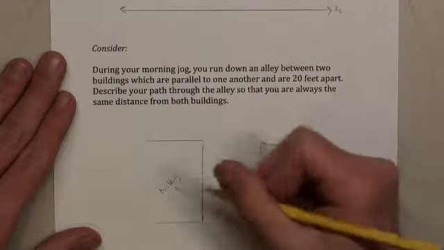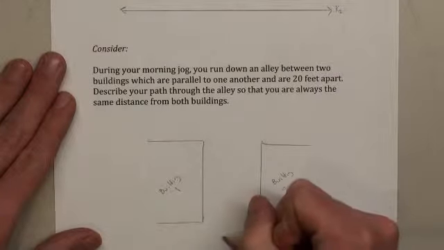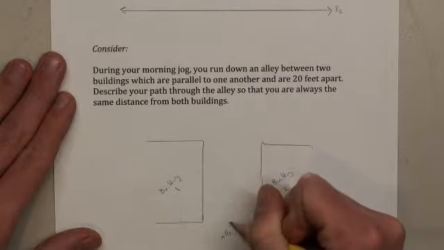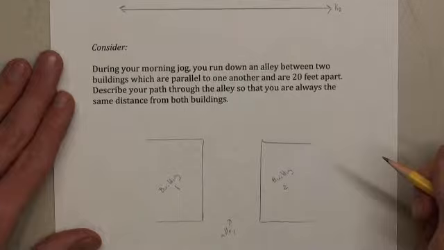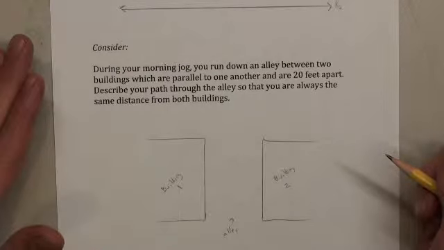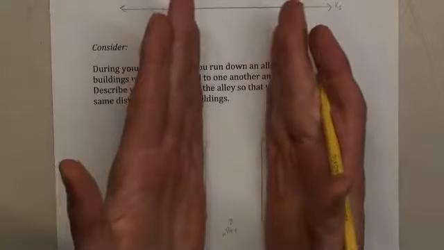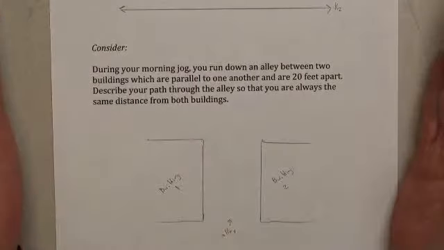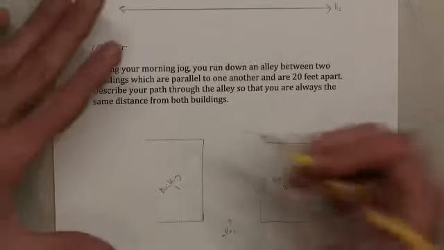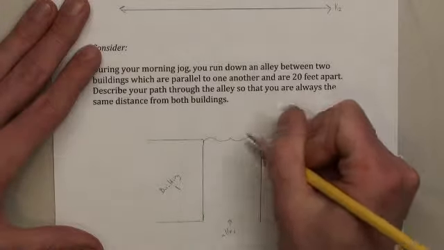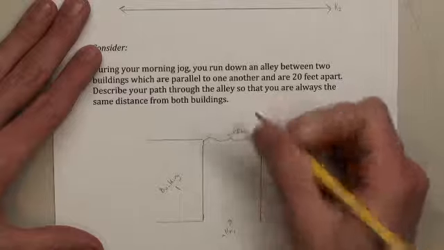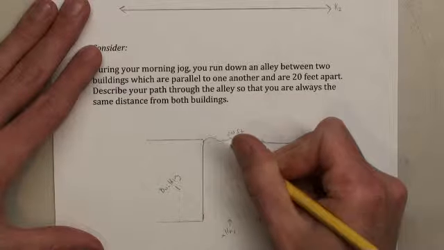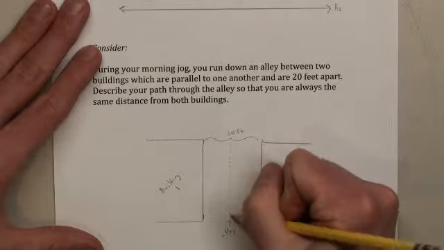This is the alley, between two buildings, which are parallel to one another, and they're 20 feet apart. Describe your path through the alley so that you are always the same distance from both buildings. So the distance between these two buildings is 20 feet. Obviously, you're going to be running right in the middle. That's going to be your path.